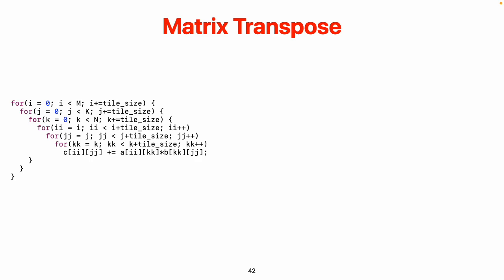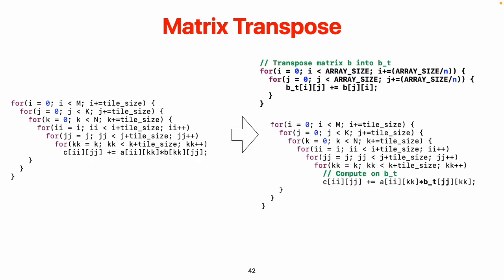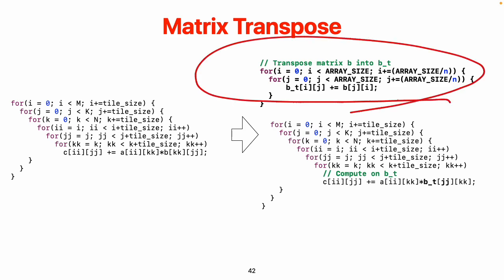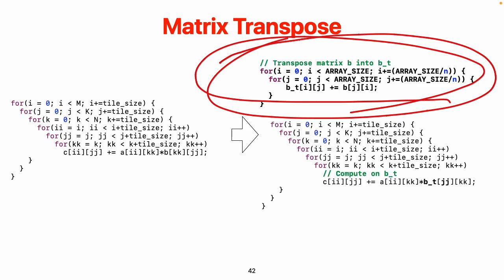So remember this, right? One mechanism that I'm introducing here is matrix transpose. The basic idea of matrix transpose is that I add one portion of the code as an overhead. From here, I'm going to create a new matrix that is transposing the original matrix and put it in BT, B transpose.